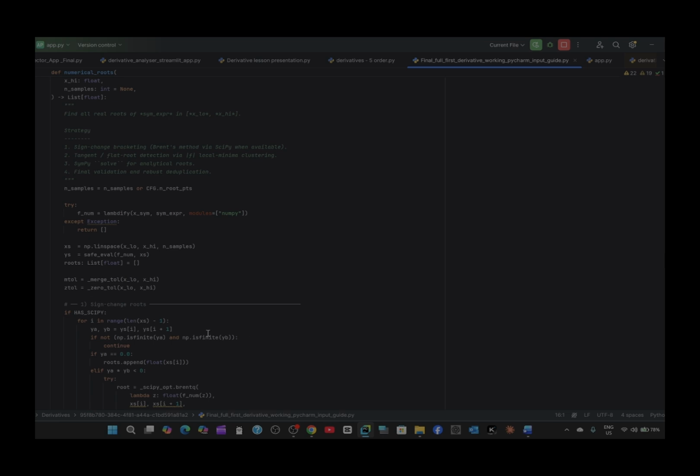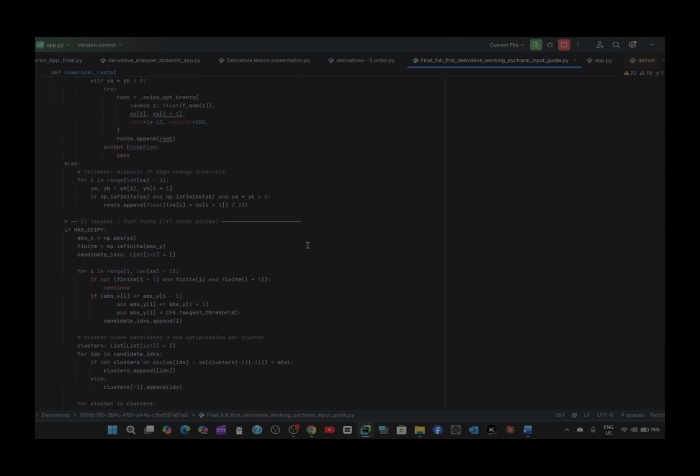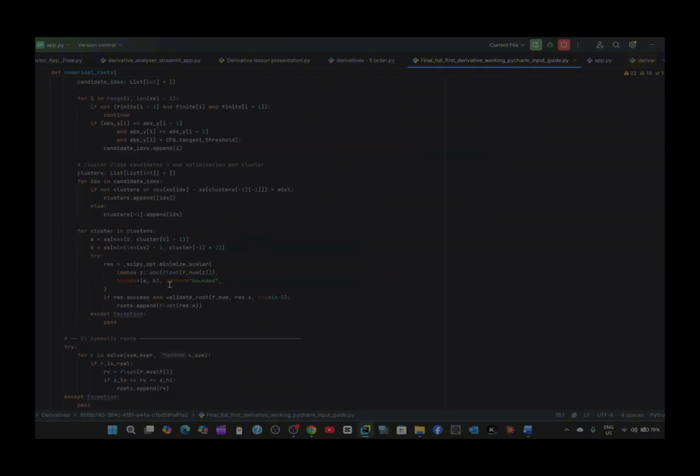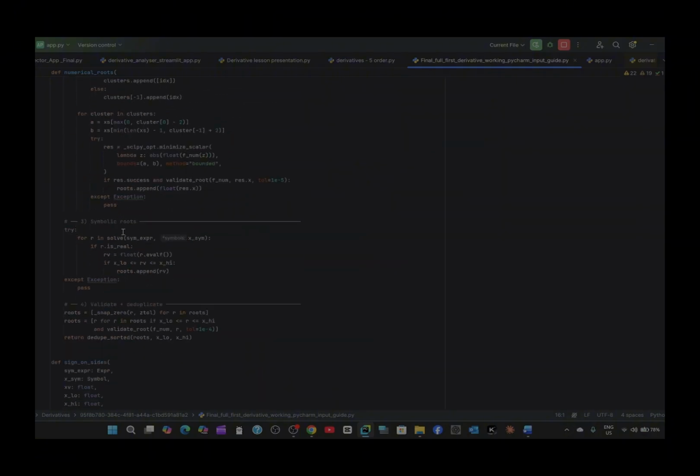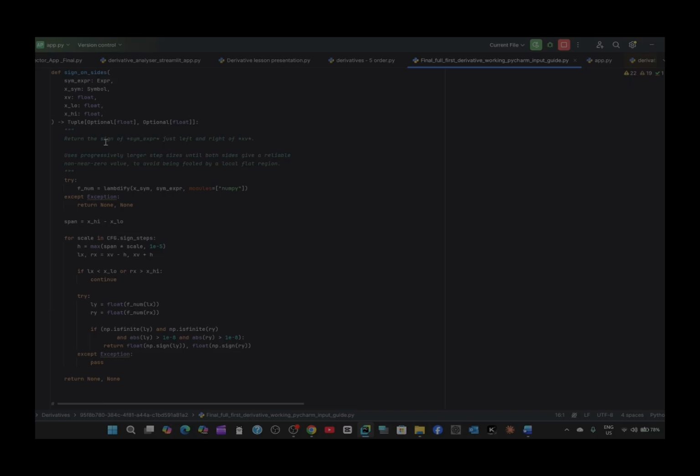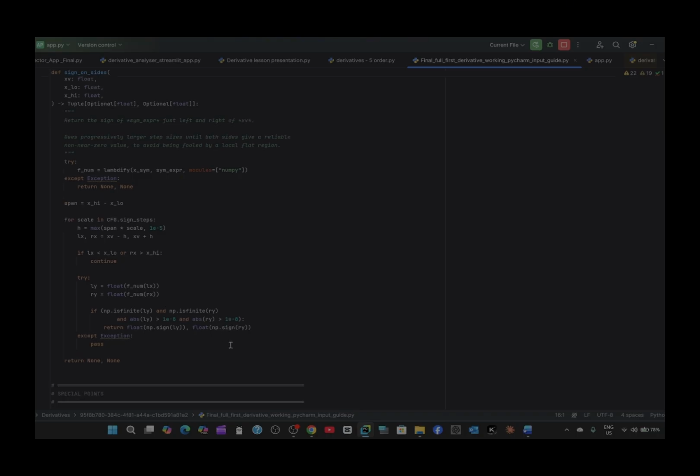When you have indefinite results and so on, it all works in there for you. Cluster, symbolic root, validation, duplicate, symbol size, triple return size. All these are exceptions, run none.